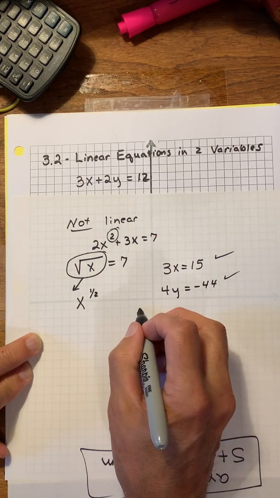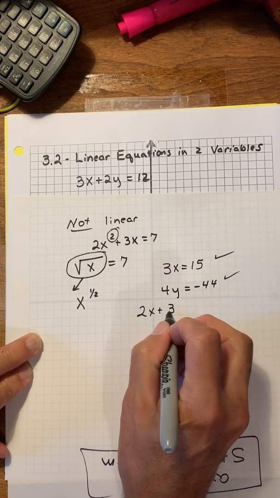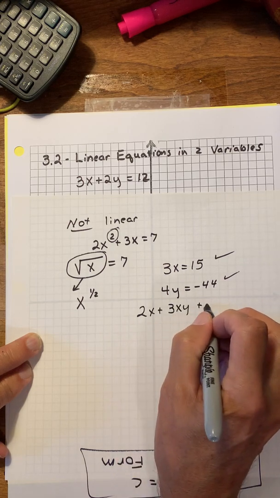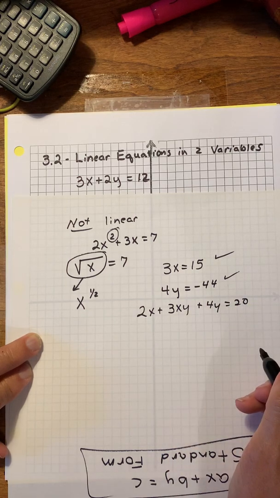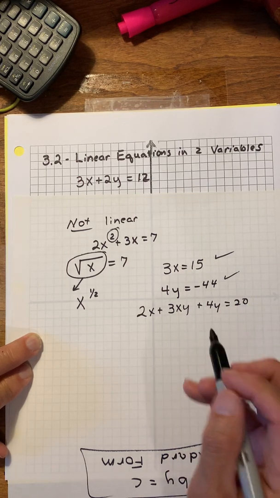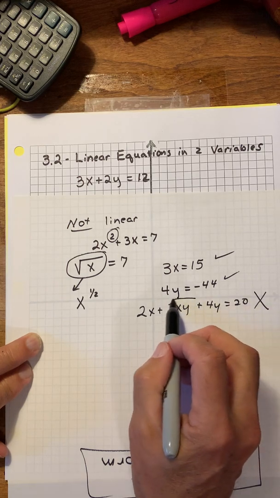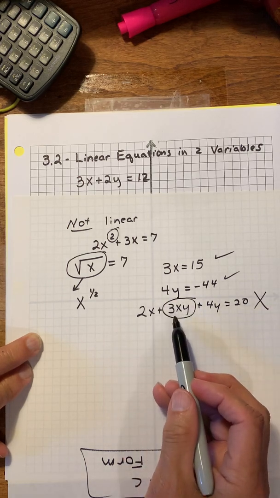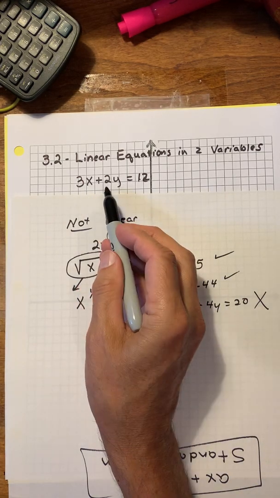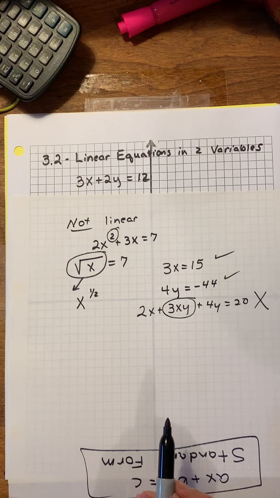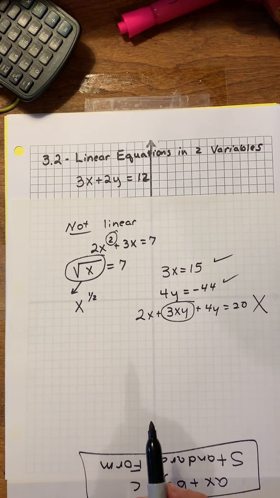Check this guy out. Linear? What do you think? Not linear because of this term right there. That is not an x or a y, that's an xy. So unless it has x's, y's, numbers, any of that combination, it's not linear. So keep that in mind because some of your problems on Hawks will ask you, hey, is this thing linear?